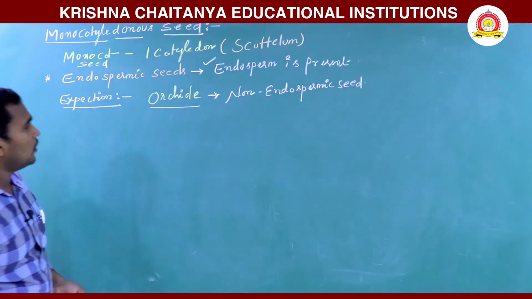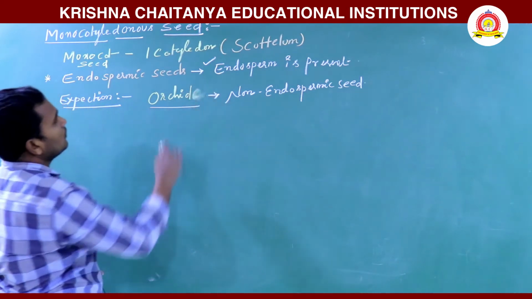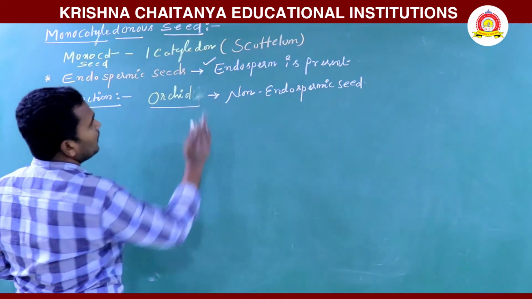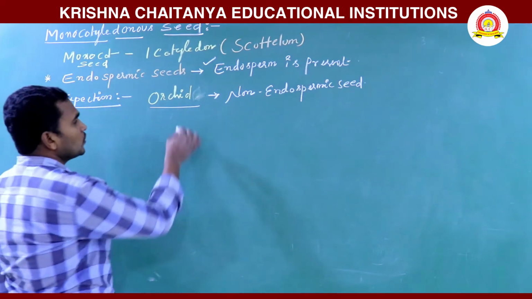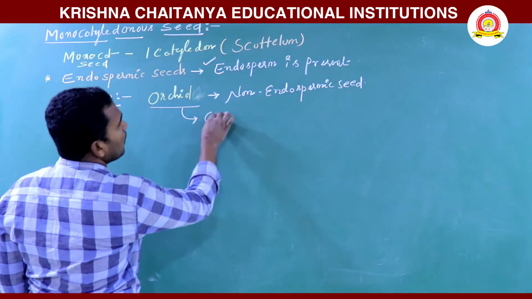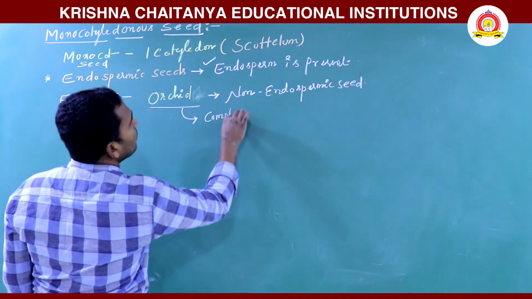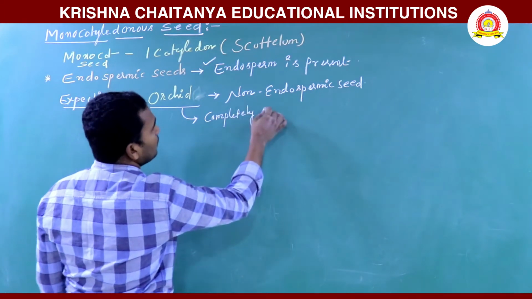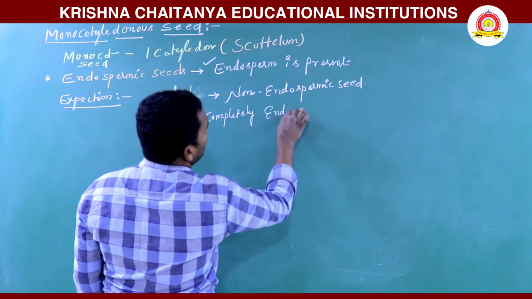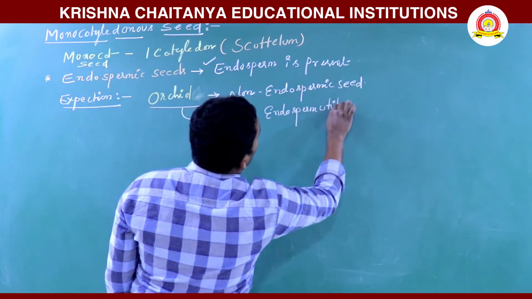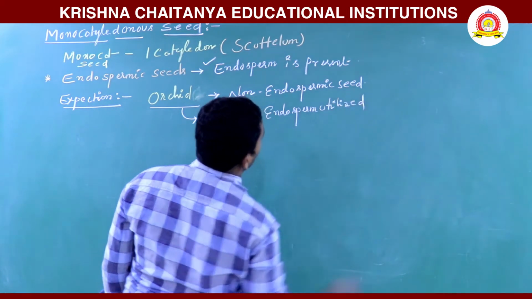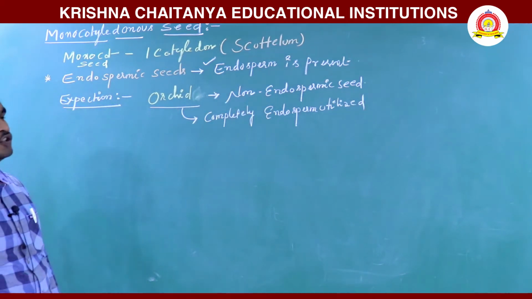Exception: orchid, here mainly non-endospermic seeds. What does non-endospermic mean? Here the endosperm is completely utilized.